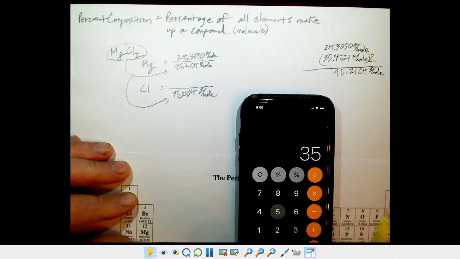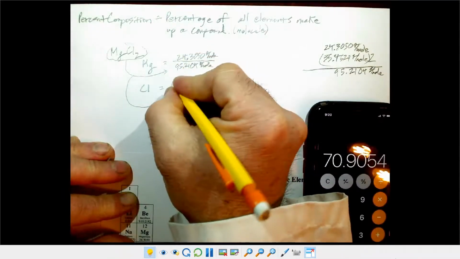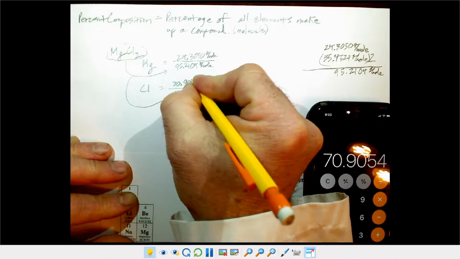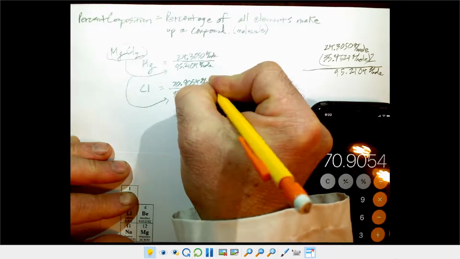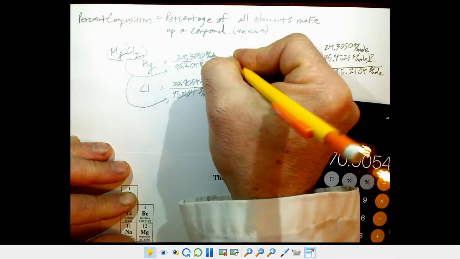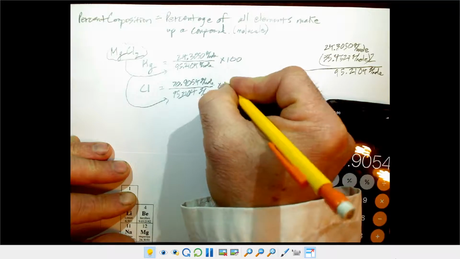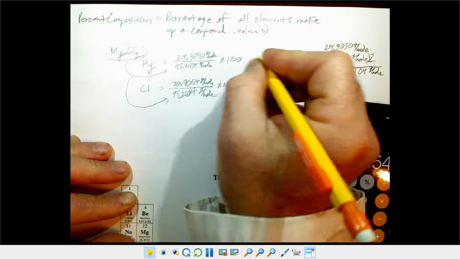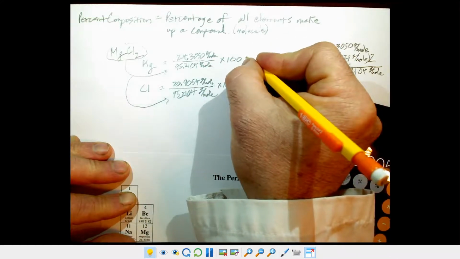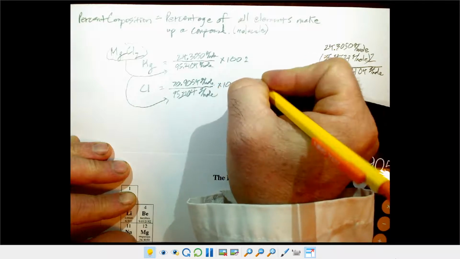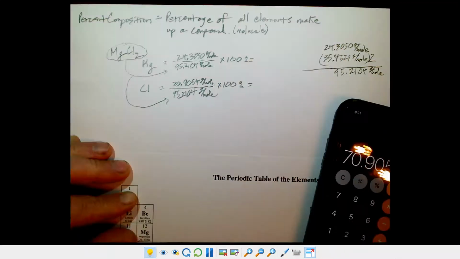So 35.4527, we're going to go ahead and double that, and that gives us 70.9054 grams per mole. And then we're going to multiply those numbers by 100, because when we multiply them by 100, those fractions will be converted into percentages, and so that will give you the percent composition for this compound.